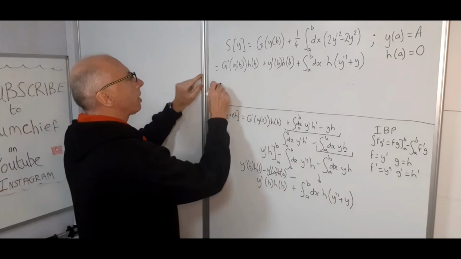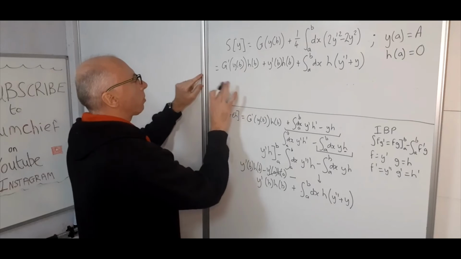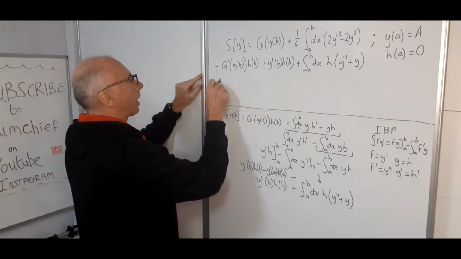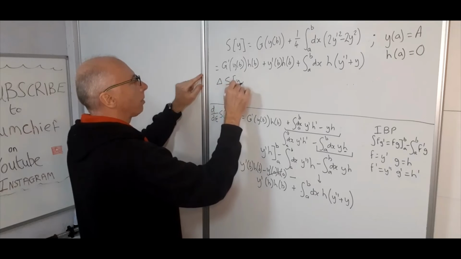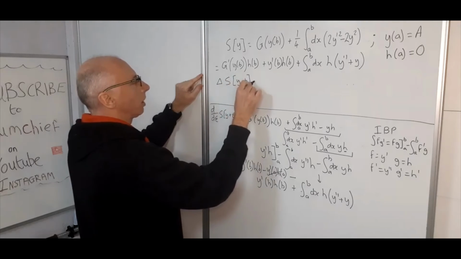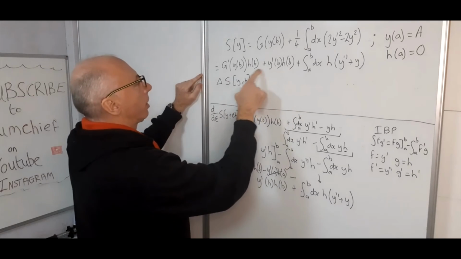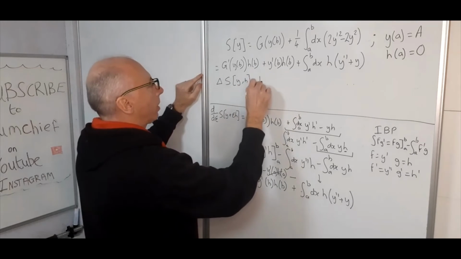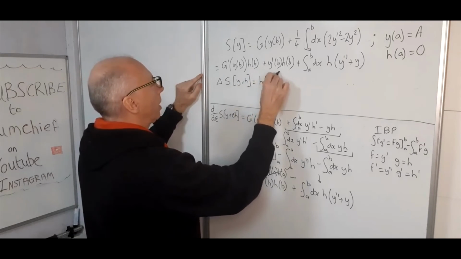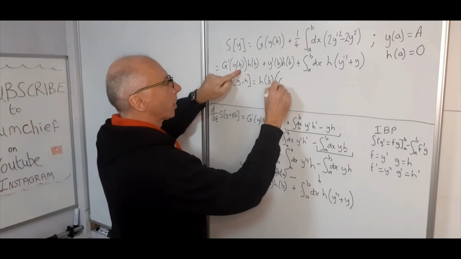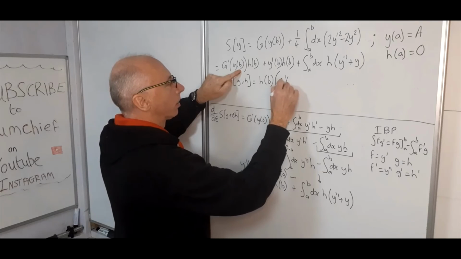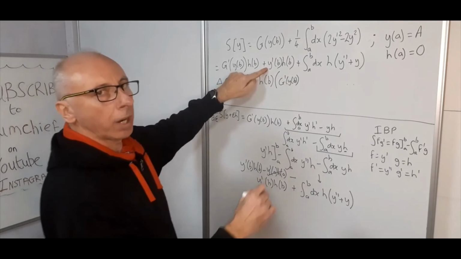So now we can write this as, actually just write it down as the answer now. So our Gateaux differential S of y comma h equals, so h of b, let's factor that out. So h of b, and then a big bracket here, g prime y of b plus y prime of b.